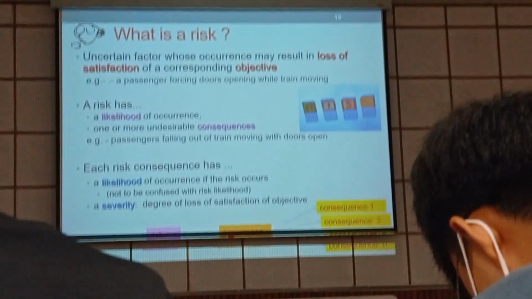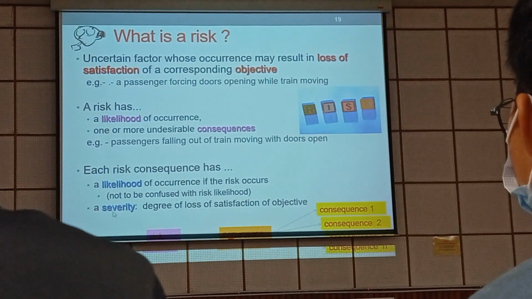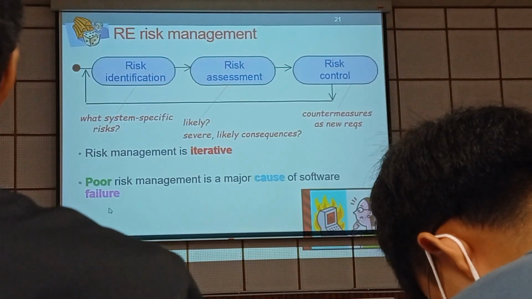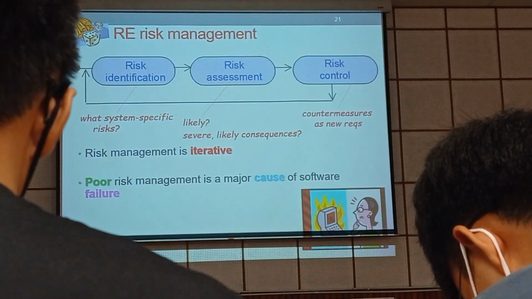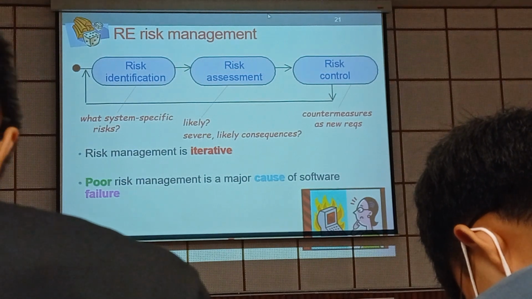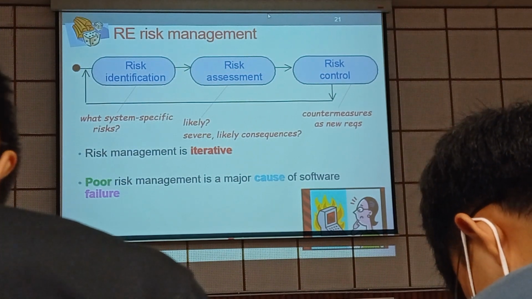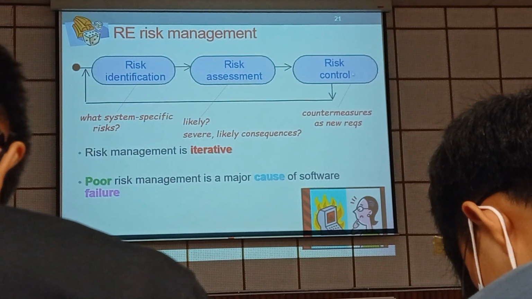Let me show you. The risk consequences are likelihood and severity. Let's look at where's the formula. Later it will be there, I will show you. Now for risk management, there are 3 steps: risk identification, risk assessment, risk control.